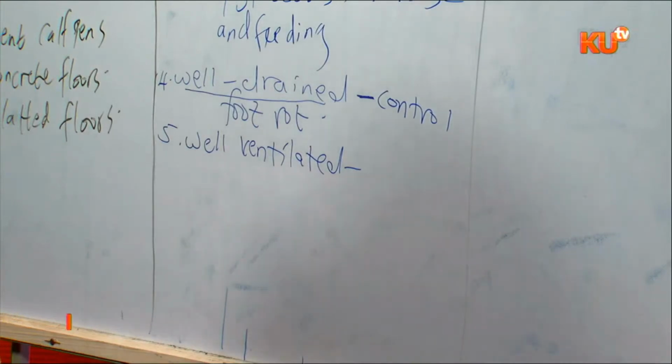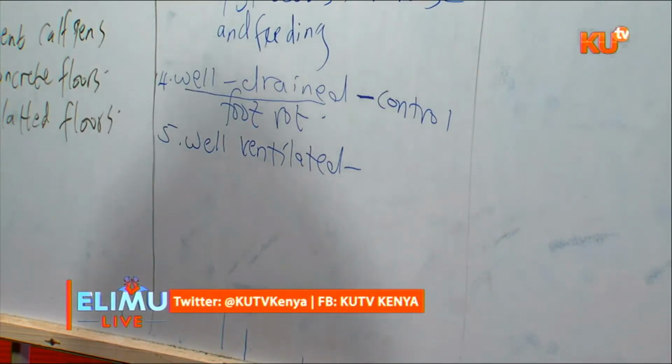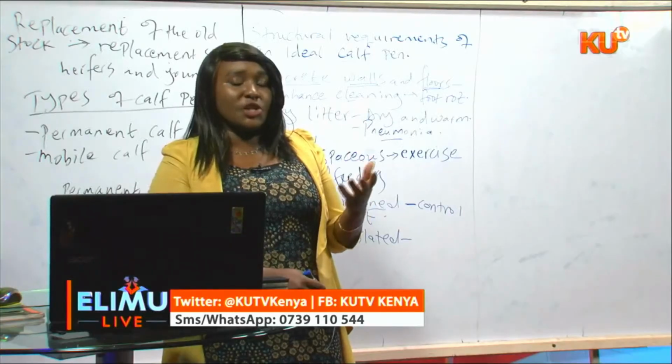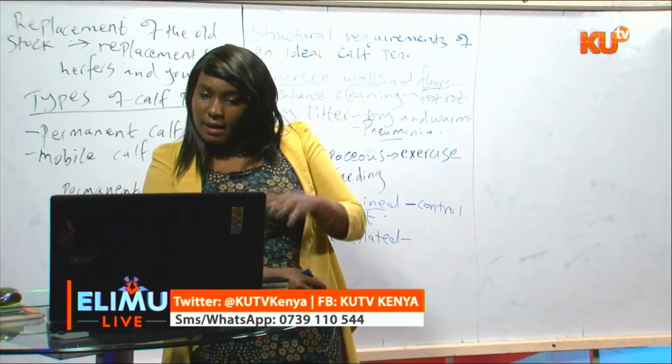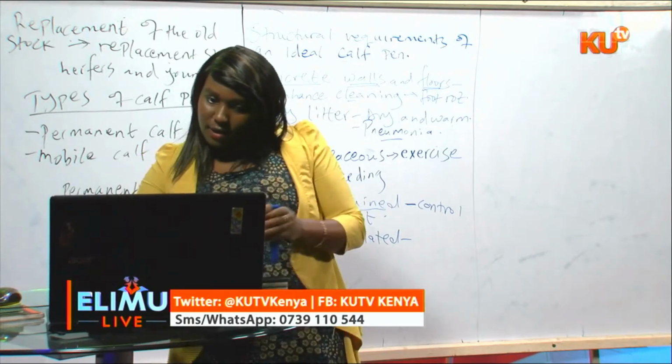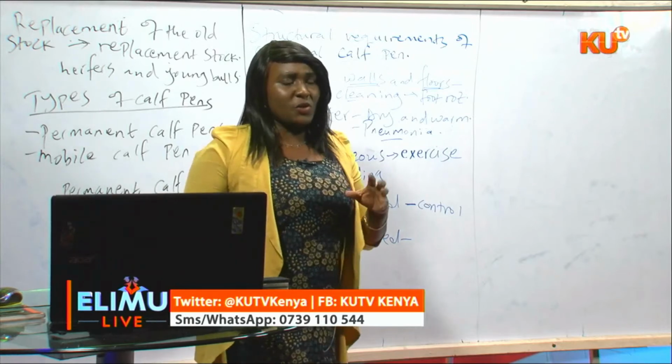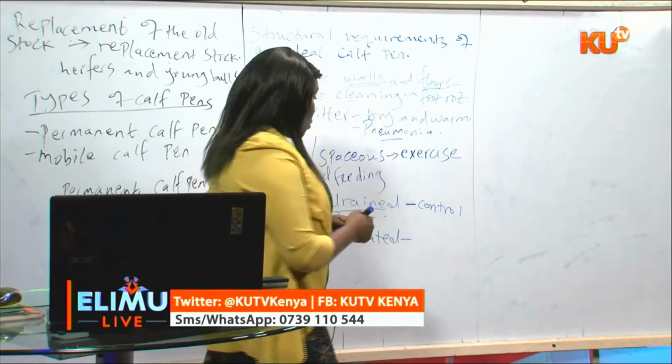And well ventilated rooms, of course, are brought about by making sure that you put wire mesh. You make sure that there's a portion of the calf pen that has wire mesh.